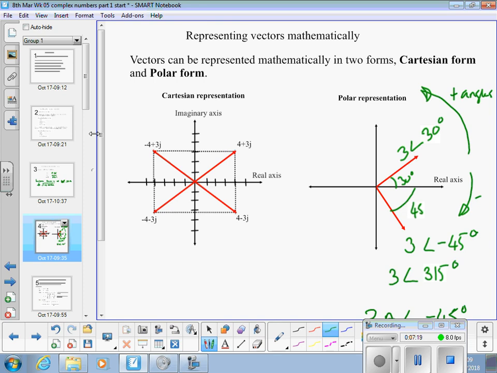Mathematicians use the letter i, but because i is used in engineering so extensively for current, engineers use j. Depending on whether you look at a maths textbook or an engineering textbook, Bird's is an engineering maths textbook, so he uses j, by the way. But this is the positive real axis, so a positive real number. j represents this axis.